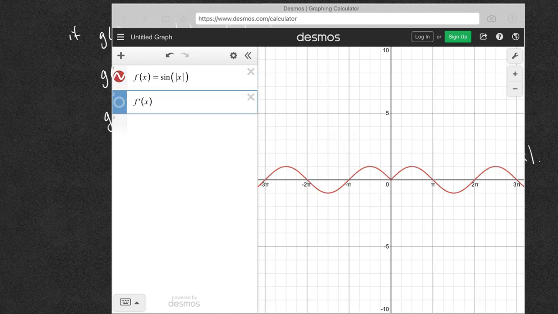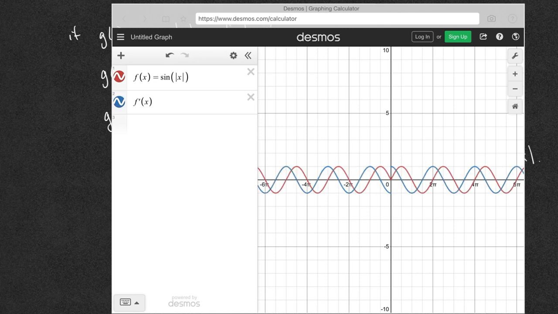On the graph of g, wherever there is a corner, g is not differentiable, and so the graph of the derivative has a gap there. The only place this happens is at x equals 0, and so we would say that the function g of x is not differentiable at x equals 0.